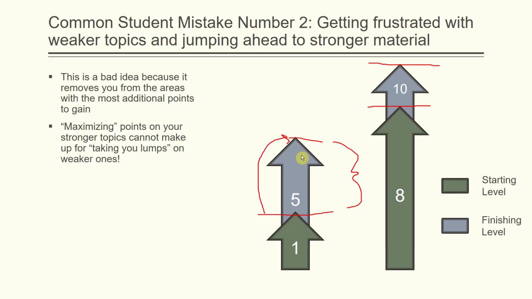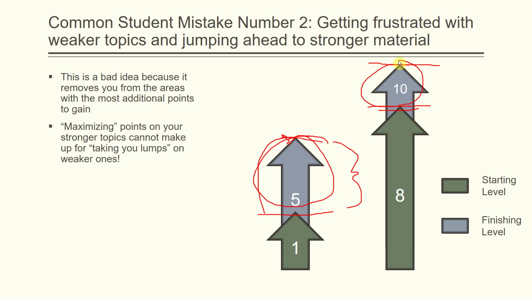So even though that 1 might become a 5, it's still not going to be as good for you as the 8 was. But the gain that you've got here was a lot better than the gain that you got here, and so your total score is going to be higher.